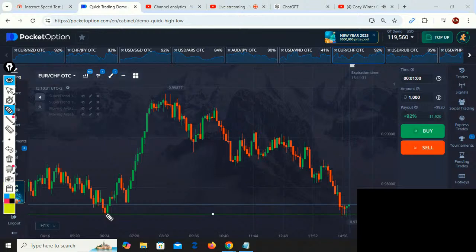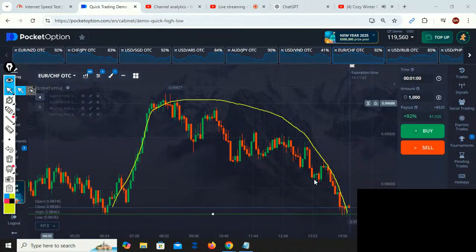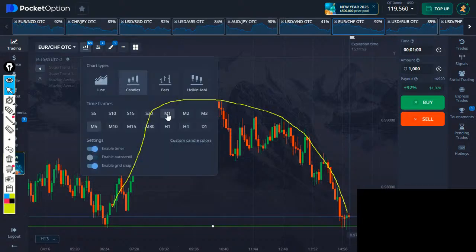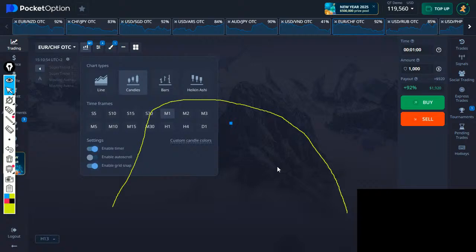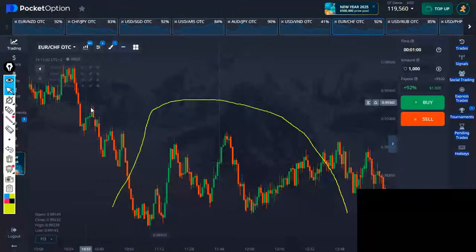You have a demand area, strong push to the upside, the pair comes back and reaches your demand area over here. What we need to do in this case is go to the 1 minute chart, go back to our demand area, which is over here.